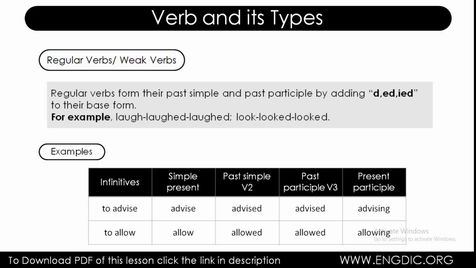The infinitive: to advise. Simple present is advise, past simple advised, past participle advised, present participle advising. To allow. Simple present allow, past simple allowed, past participle allowed, present participle allowing.